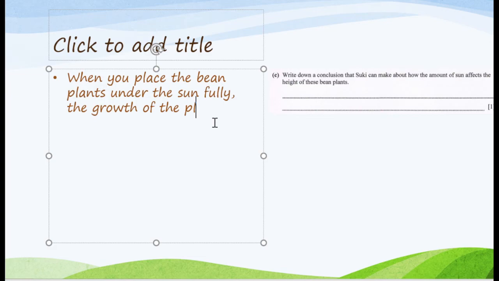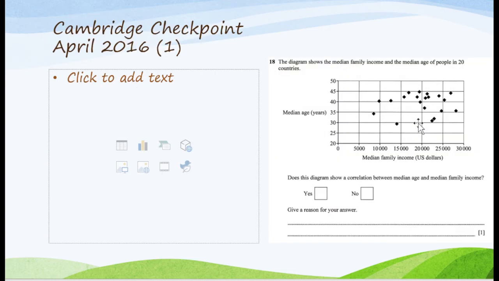Median will be the average, guys. So all the dots here represent 20 countries. That's why it's a median, because there will be a lot of families in each country, so we try to find the median of the family income with the median of age.